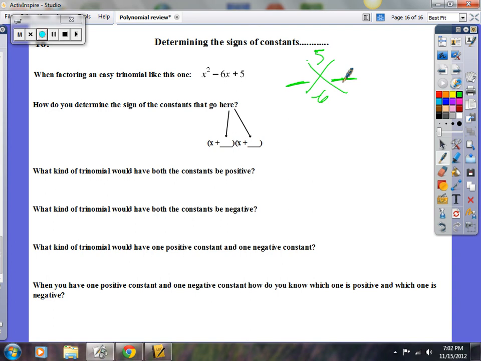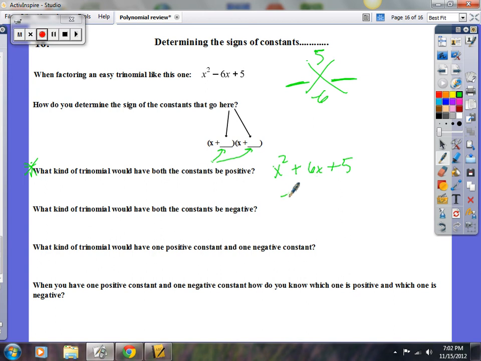So look at this question right here. What kind of a trinomial would give you both of these positive? If both of these are going to be positive, here's what your trinomial is going to look like. Every term is going to be positive, because a positive times a positive is a positive, and a positive added to a positive is a positive.